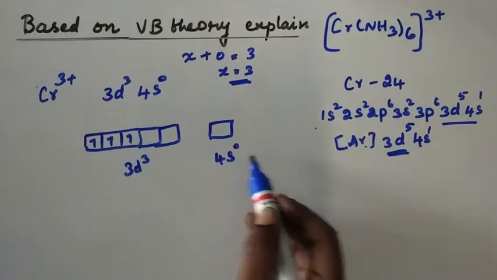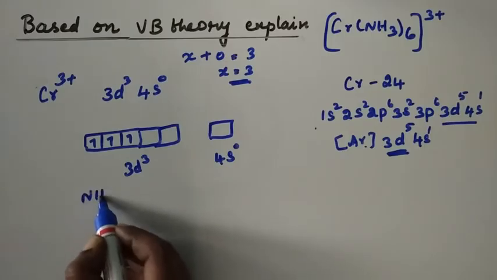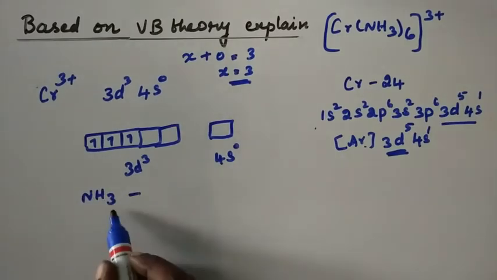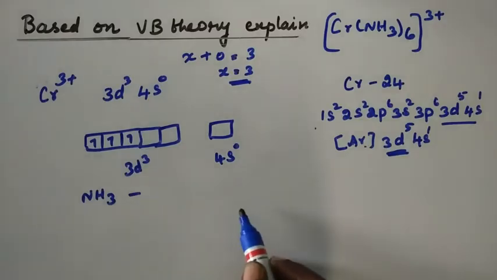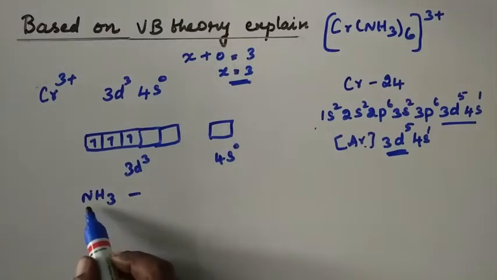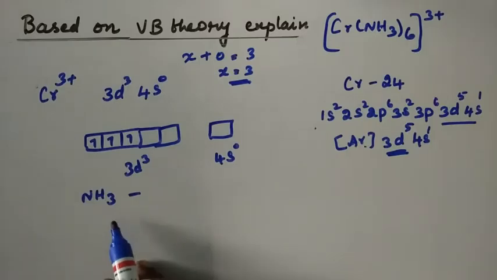And when the ligand approaches the metal atom, here the ligand is ammonia, and this ammonia is a strong field ligand. When we see the spectrochemical series, ammonia comes on the right side and it contains nitrogen also, so it is a strong field ligand. There is a trick to find out whether the ligand is strong field or weak field.